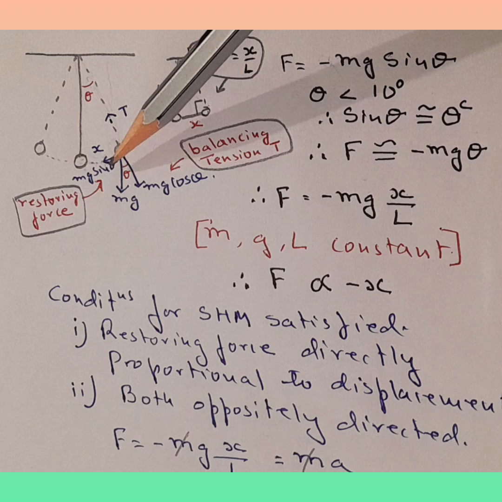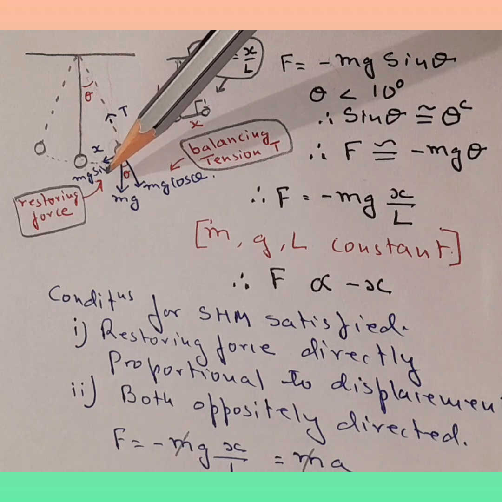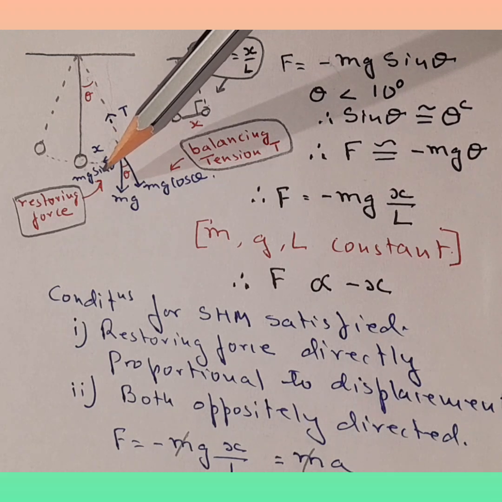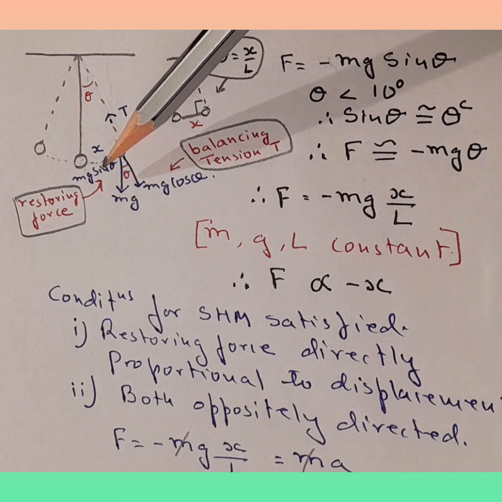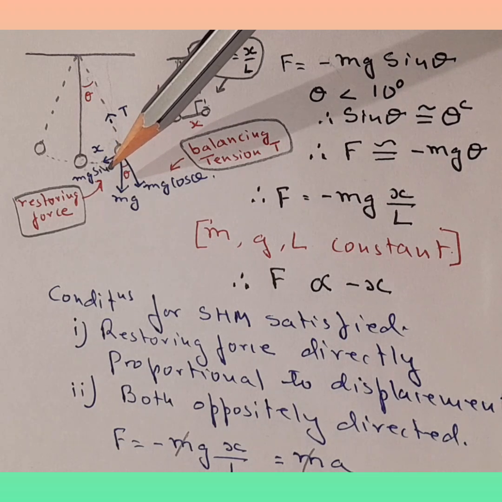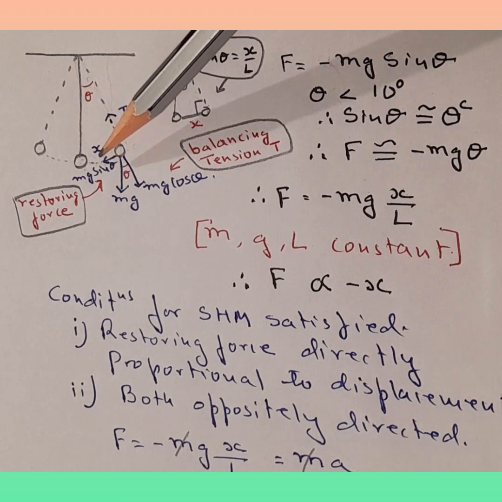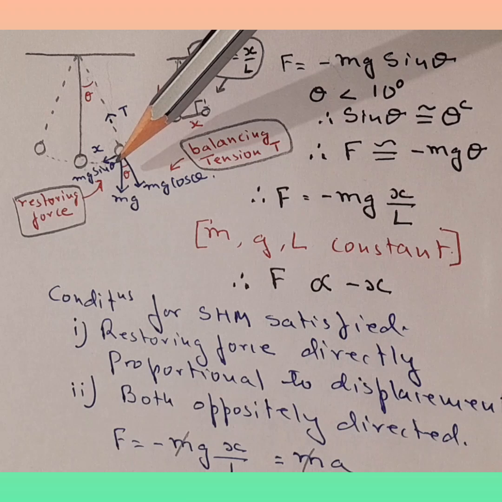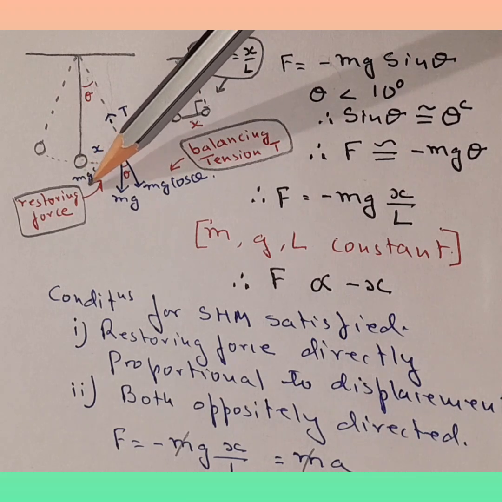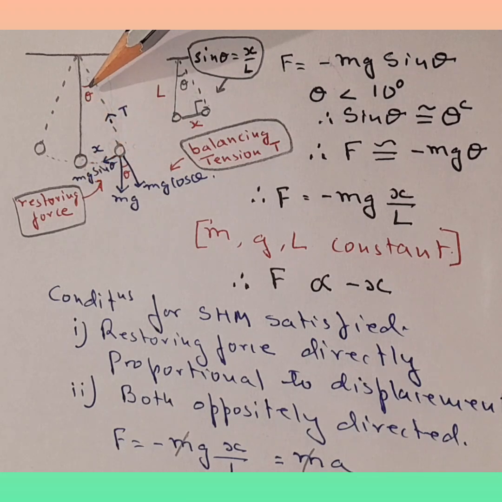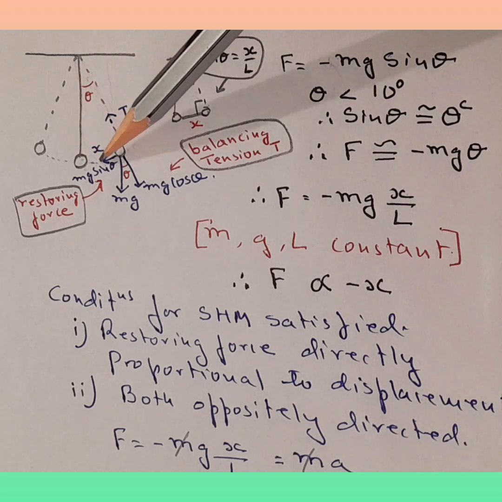We know sin theta is directly proportional to theta. For example, if theta is 0, sin 0 is 0. If theta is 90, sin 90 is 1, the maximum value. So if sin theta is directly proportional to theta, the restoring force is also proportional to theta, and if theta is more, then x also is more.